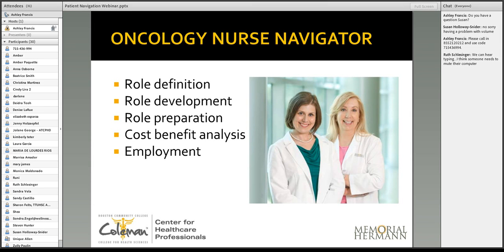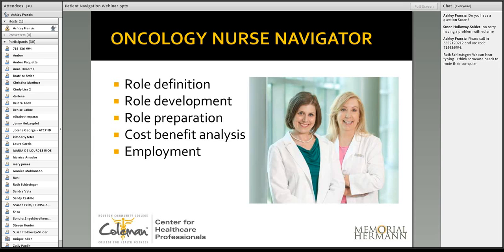And lastly, I might add that there are 2 professional organizations out there. The first one that hit the scene was the National Coalition of Oncology Nurse Navigators. And while that membership is primarily oncology nurses or nursing members, they do have associate members for community health workers and patient navigators.